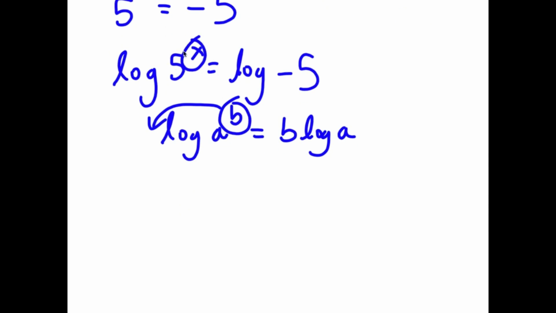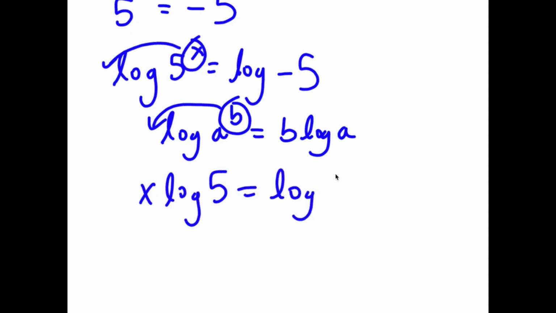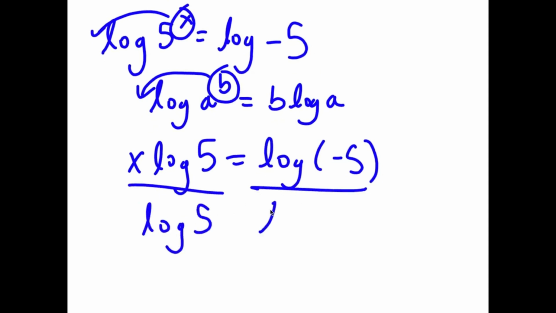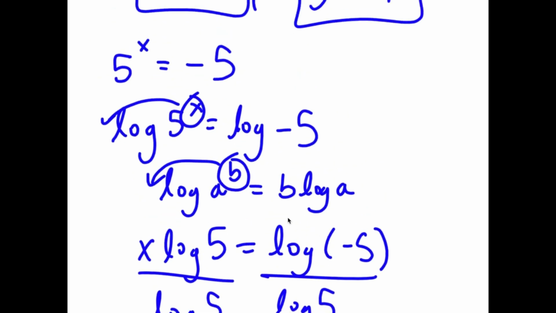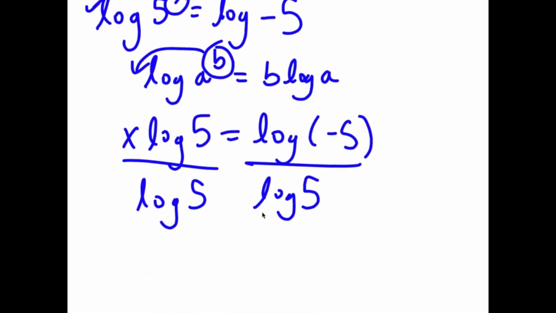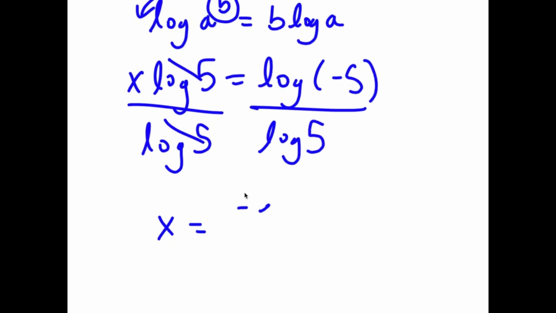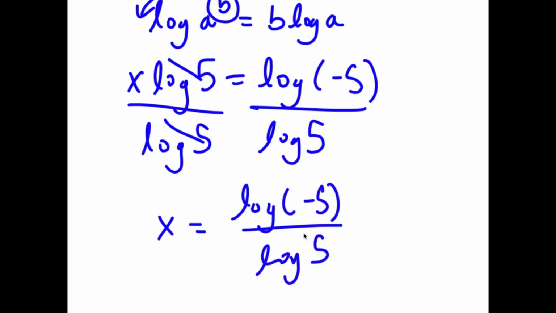So log 5 to the power of x, I can move x to the front, so now I have x times log 5 is equal to log negative 5. And now if I divide both sides by log 5, these two cancel out, and I get x is equal to log of negative 5 over log 5.